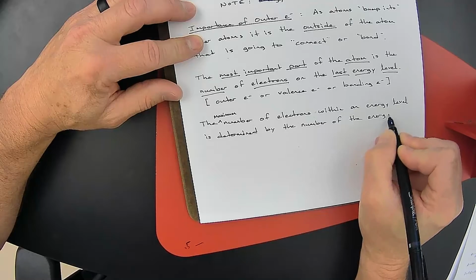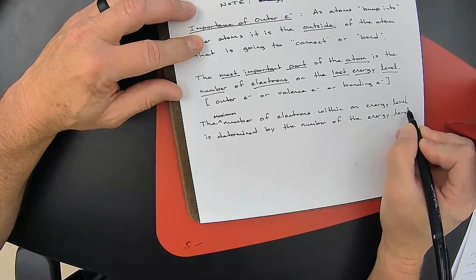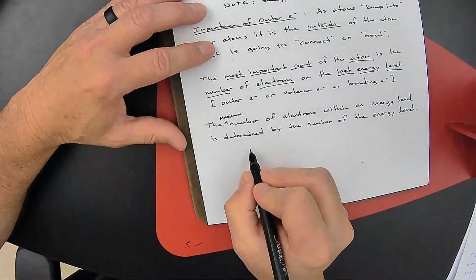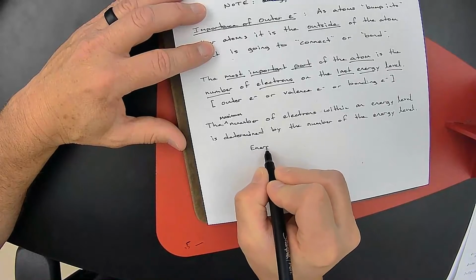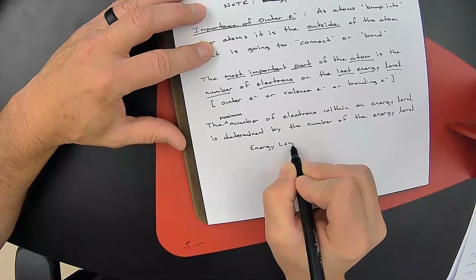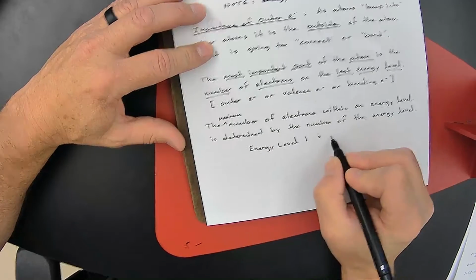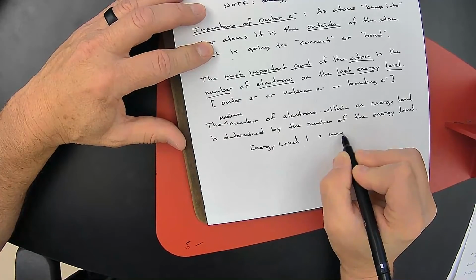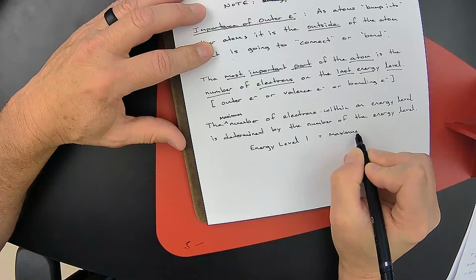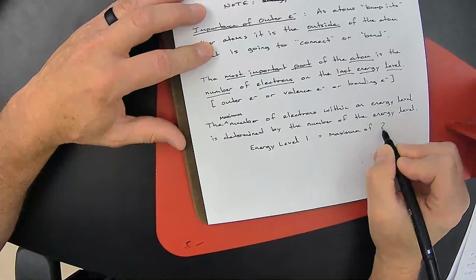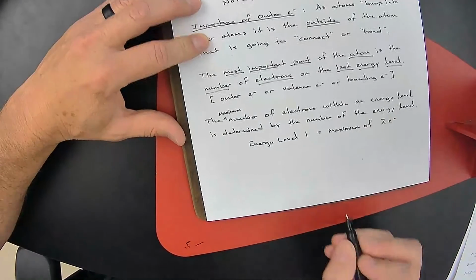Energy level number 1 has a maximum of 2 electrons.